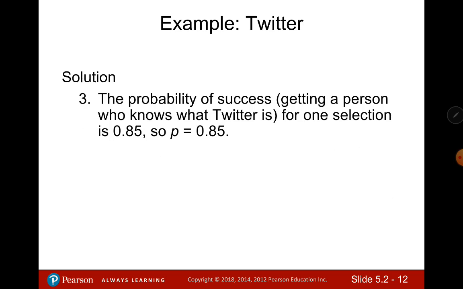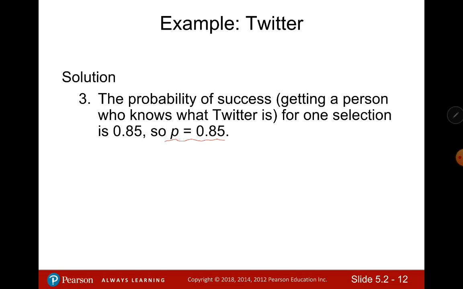Another 2 values we need to know are the probability of success and its complement. From the question, we automatically get that probability: the probability that people know what Twitter is. Here, we treat knowing Twitter as a success.